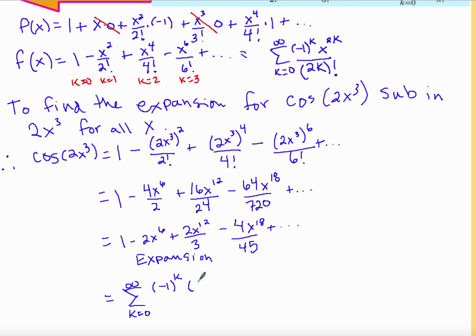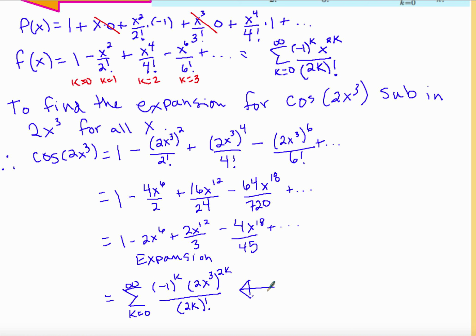Well, our x isn't x anymore. Our x is 2x cubed to the 2k power, all divided by 2k factorial. Don't substitute in the 2x cubed for the k. That would be wrong. This is your series.